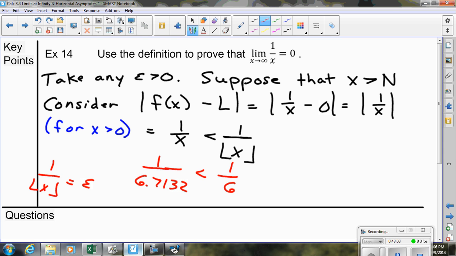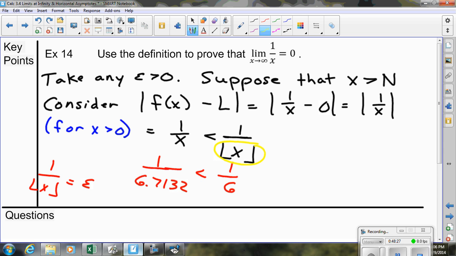But this x, using the floor function, let me backtrack this up and phrase it a little bit better. We just need this piece here to be some number that is smaller than x.